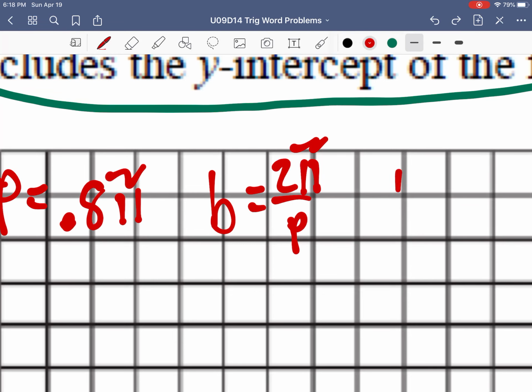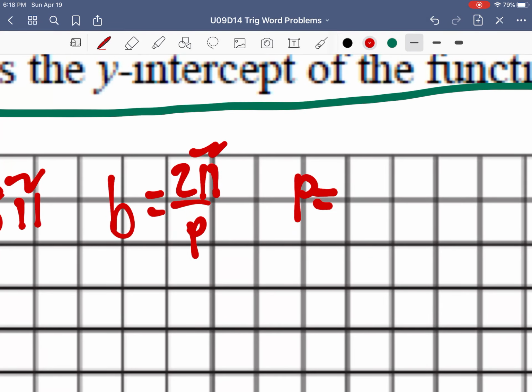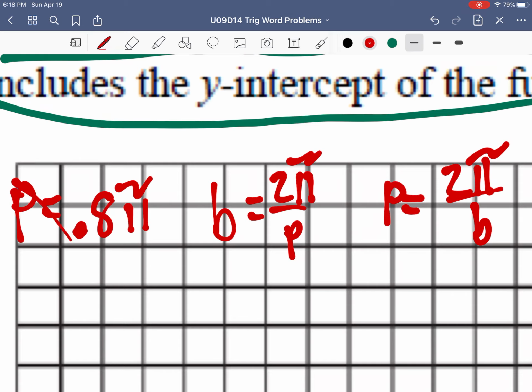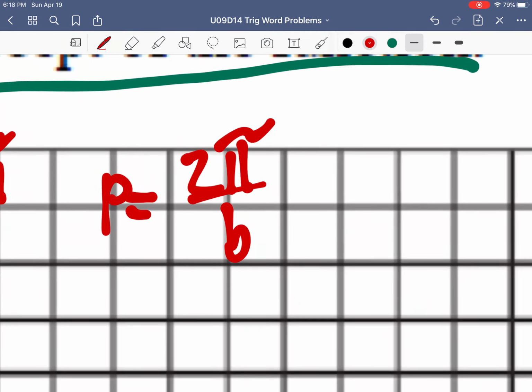It's the other formula that would be useful. The period is equal to 2 pi over b, because I do know what the frequency is. The statement I wrote earlier is incorrect. It should actually say that the frequency is 0.8 pi. So let's find the period.